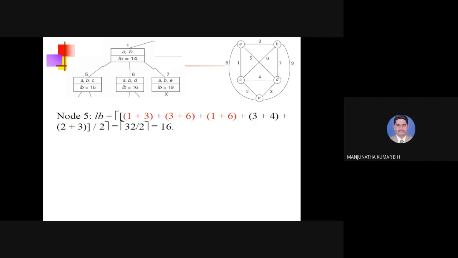One edge is from A to B, cost is 3, and another edge is B to C, cost is 6. 3 plus 6. Is it clear? Very important thing. In ABC, B is the middle city, B is coming from A and going to C. So I have to take only these 2 edge costs to compute the sum distance of city B. So hence it is 3 plus 6 plus.